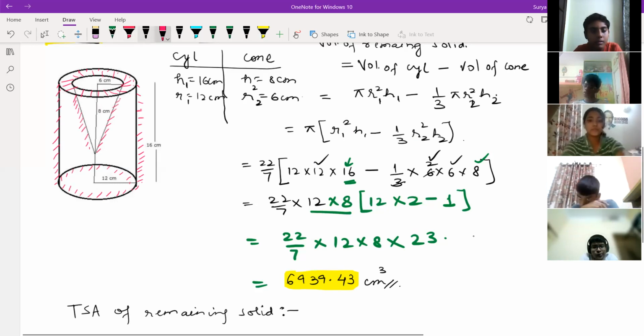So I'm dividing into 3 parts, okay? So first I'm dividing into CSA of cylinder.